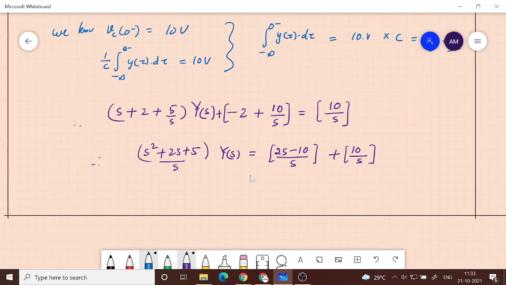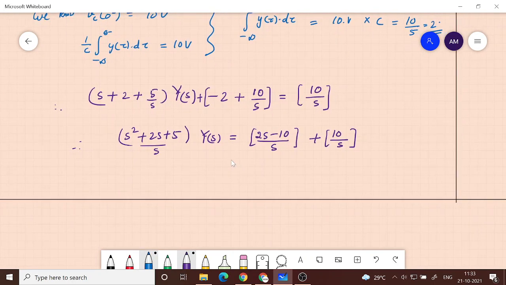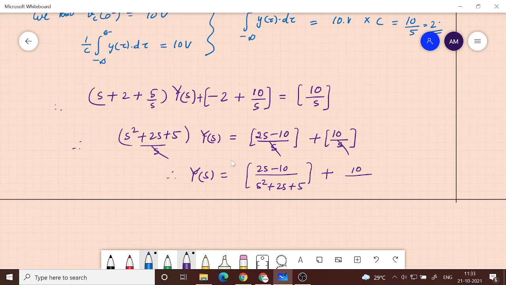Okay, so S everywhere, which is a good thing. We can cancel all these S. So therefore y of S is 2S minus 10 divided by S square plus 2S plus 5, that is one term, plus 10 by S square plus 2S plus 5.